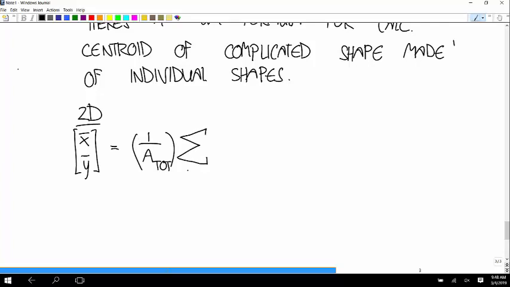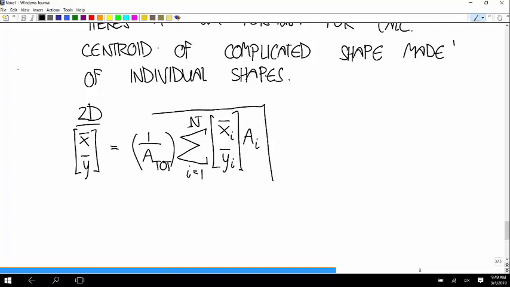So times the summation from 1 to however many shapes you have of the coordinates of the centroid of the individual shape times, excuse me, the area of the individual shape. This is the one we're going to use more.